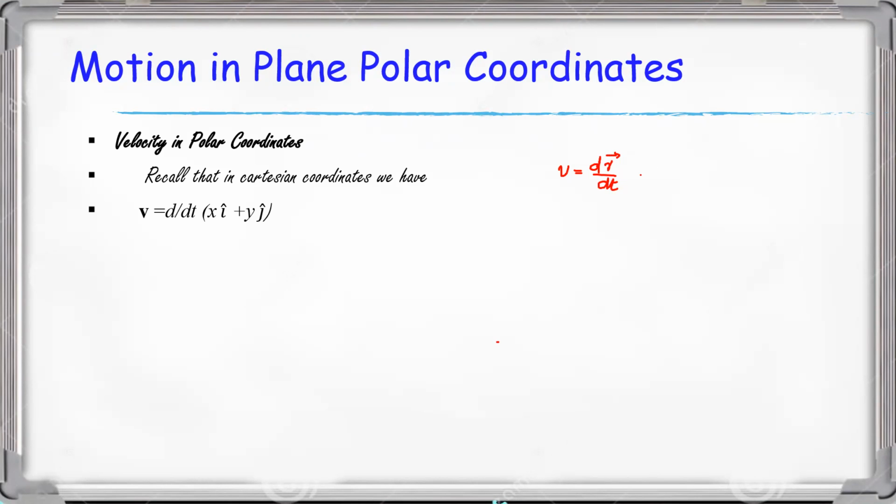And we know that the relation connecting the position vector in the polar coordinate and Cartesian coordinate can be written as r is equal to xi plus yj.